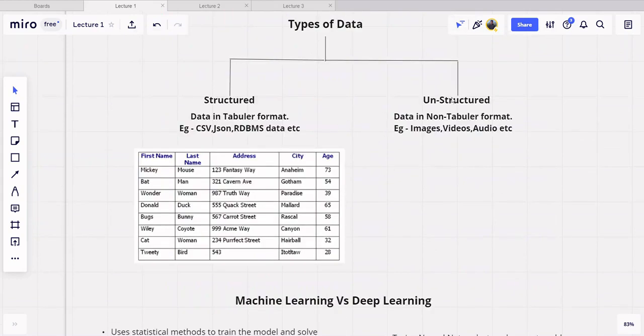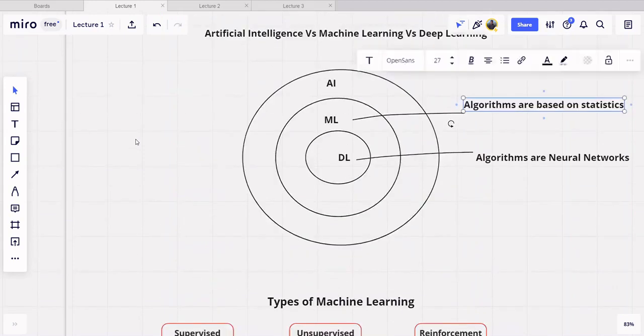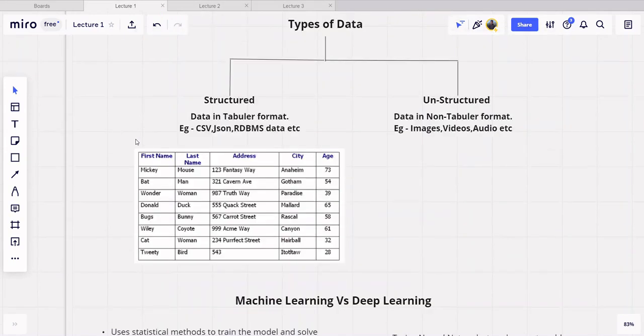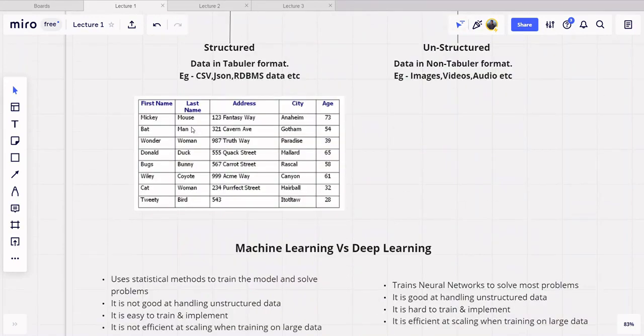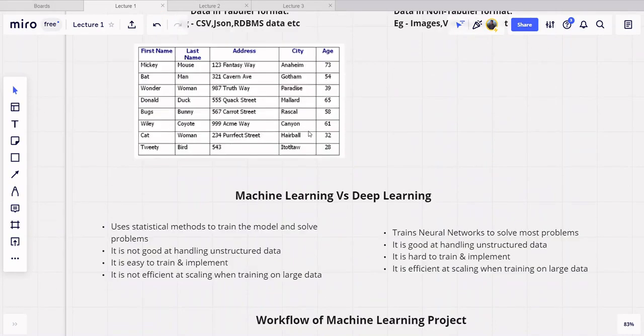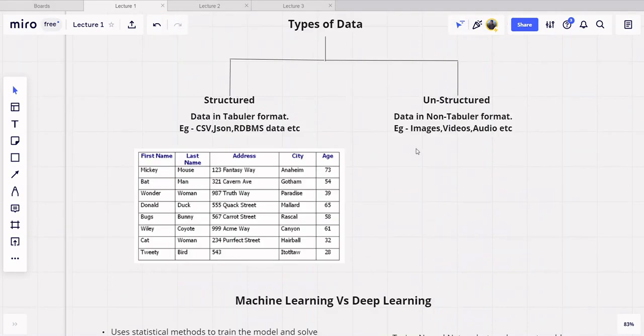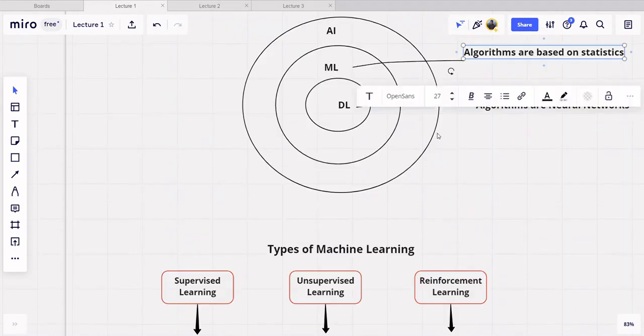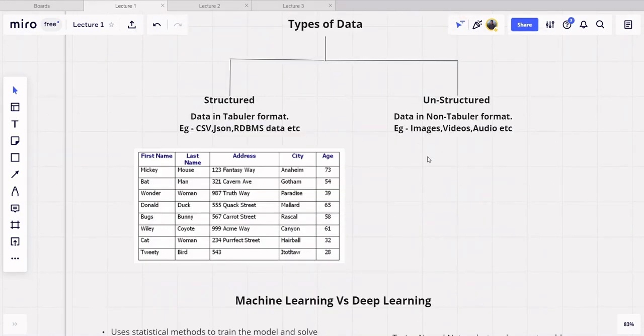Also keep in mind that machine learning algorithms are not so optimized for unstructured data. Machine learning algorithms are best suited for structured data, whereas deep learning models, the neural networks, are best suited for unstructured data. There are also different types of neural networks for different types of unstructured data.